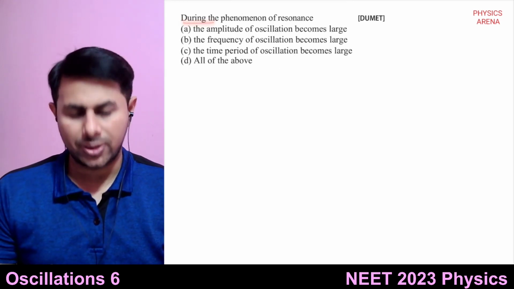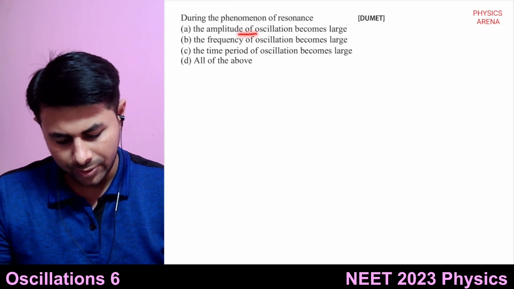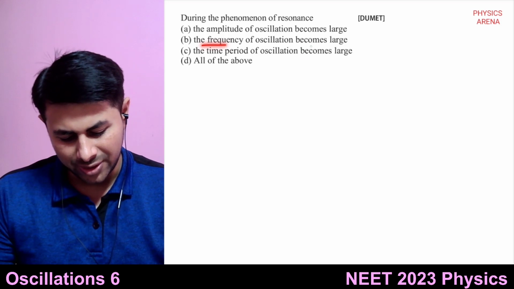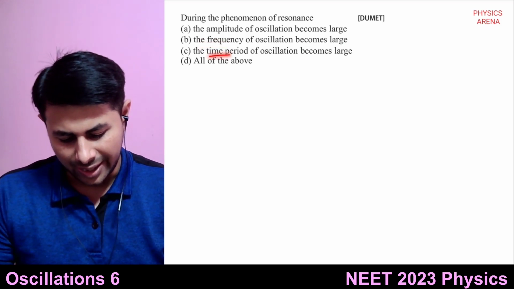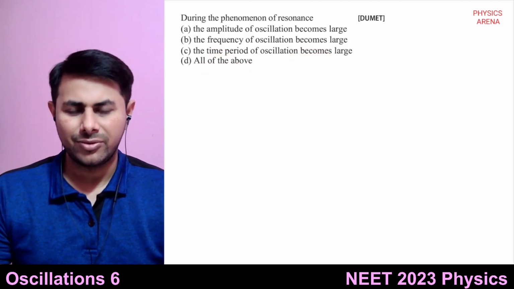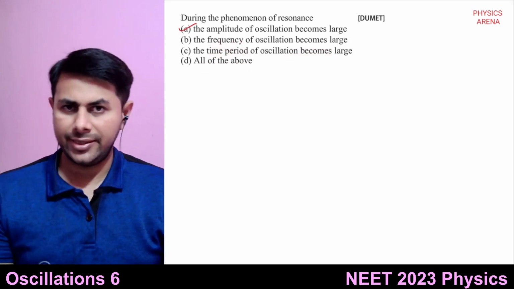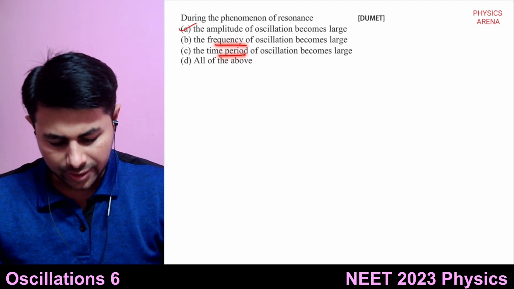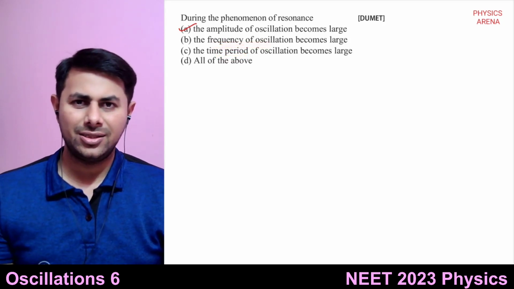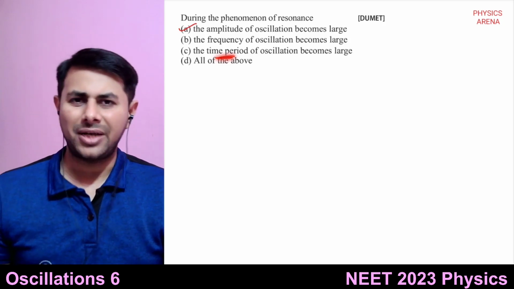During the phenomenon of resonance, the amplitude of oscillation becomes large, the frequency of oscillation becomes large, the time period of oscillation becomes large, all of the above. Which is the answer? Okay, option A is the answer. But second and third, if frequency becomes large, then what will happen to time period?